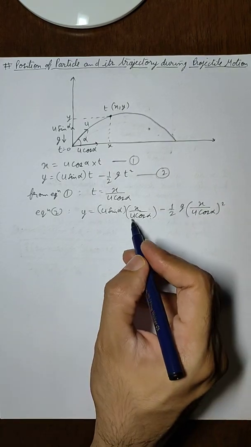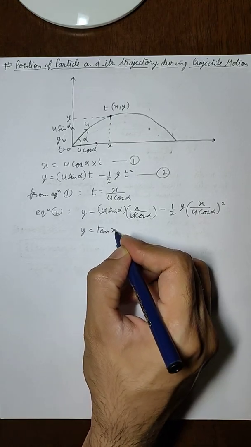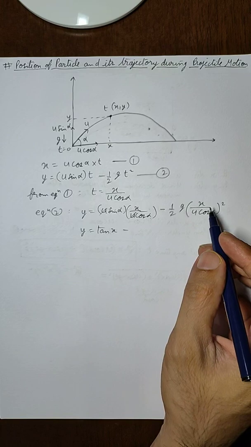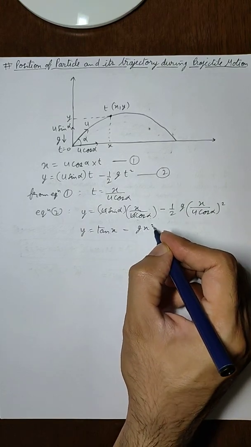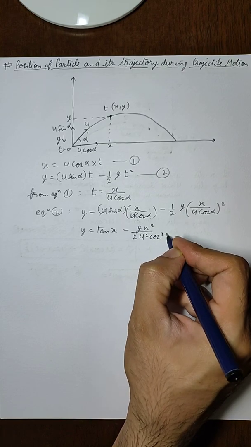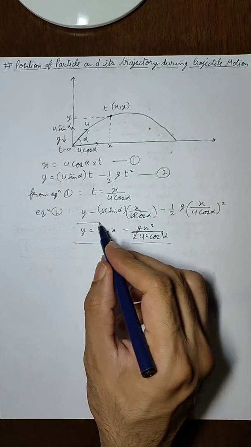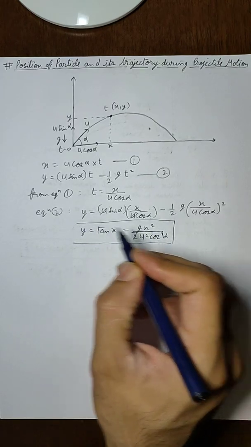If we solve this, u will get cancelled out and y will be equal to x tan alpha minus g x square upon 2 u square cos square alpha, and this will be the equation of the trajectory of the entire path of the projectile motion.